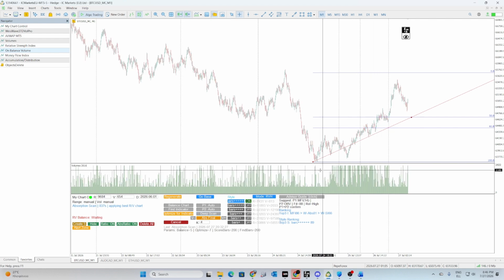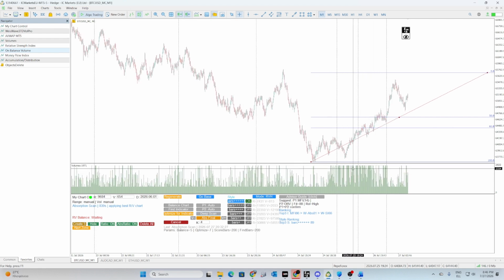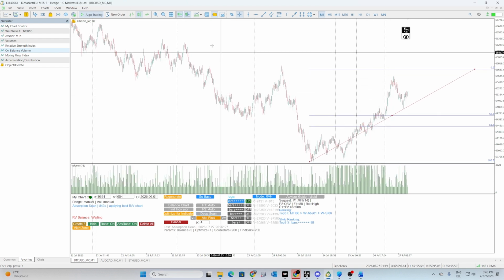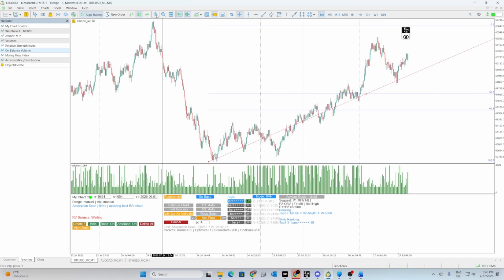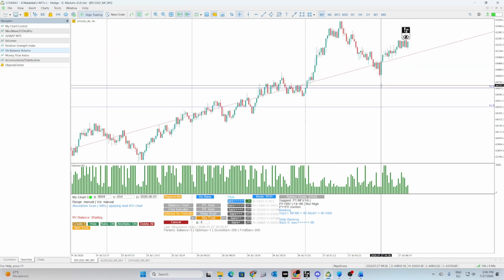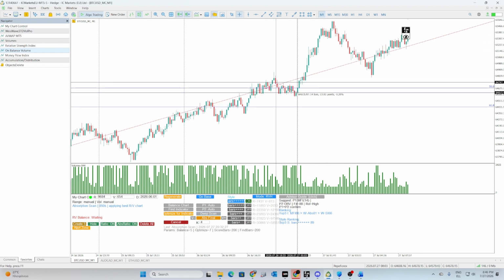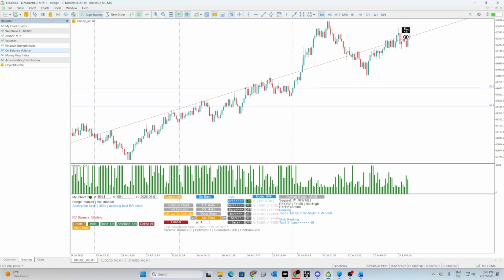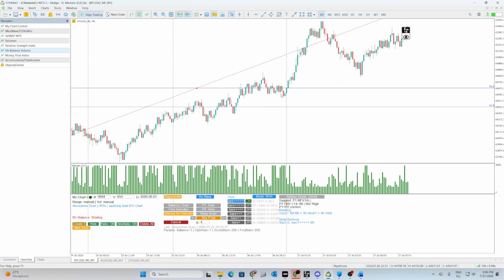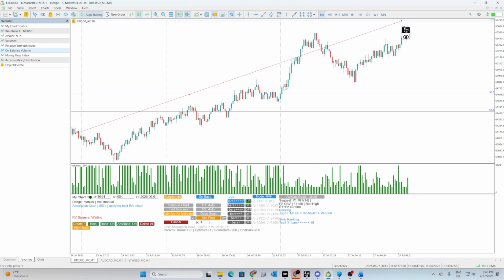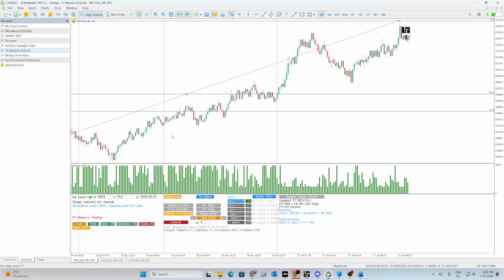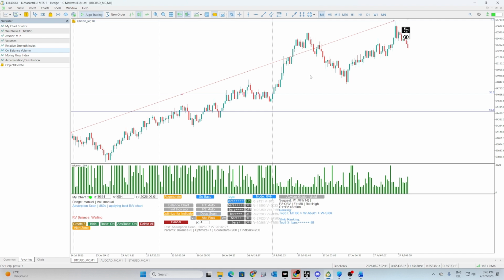Okay, look at these clusters. And now we came down and clusters again. Here was a break. These clusters. Okay, price cannot go down. And we broke up. And this is all buying, buying, buying.